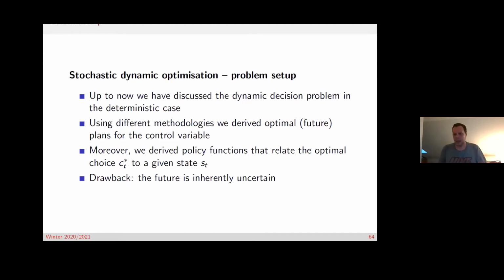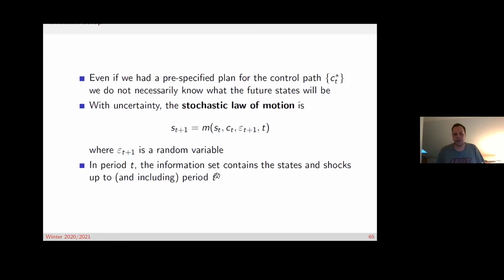And still, in this most ignorant situation, we can use the same approach that we put forward so far to find optimal solutions. And I think this is the neat thing of everything that we talked about today. So basically, we have talked about finding the optimal control with a number of procedures, and the problem is obviously that the future is uncertain.